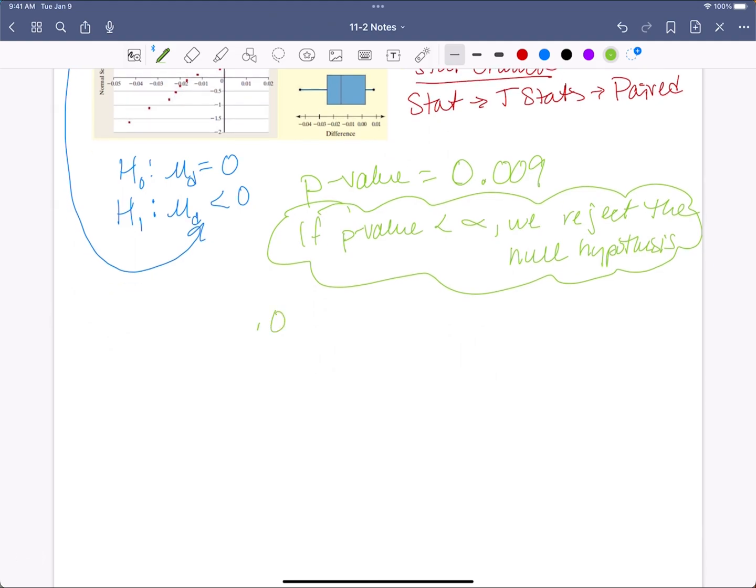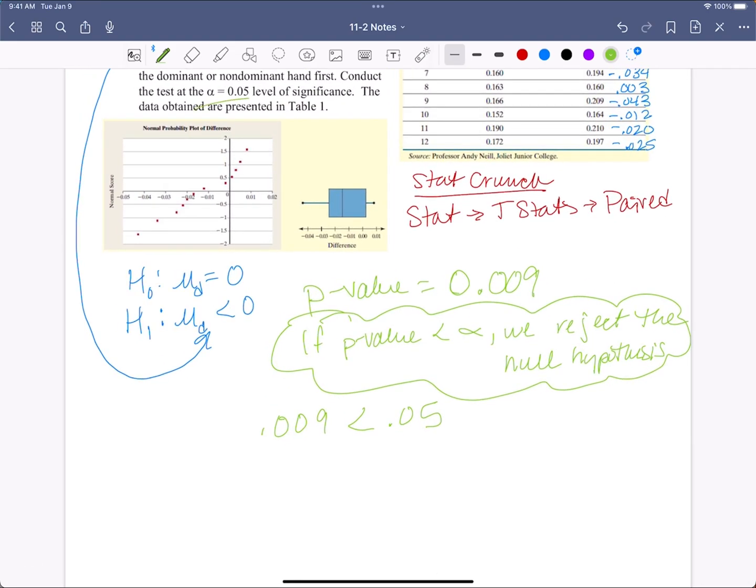I've got 0.009. Is that less than my level of significance, which we know is 0.05? We know it right here in our problem. Is it? Yes. So remember, if the p-value is infinitely small, then that works. So we reject the null hypothesis. Because of this, we reject the null.